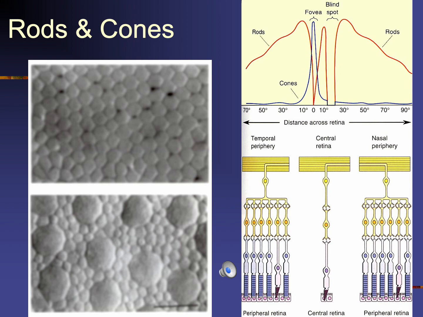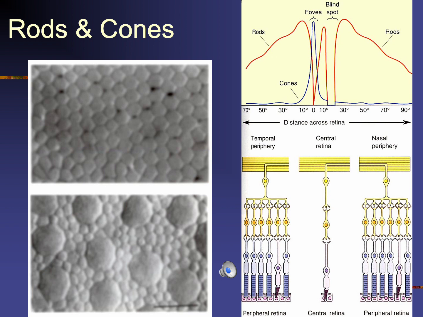Okay, the graphic on the right is showing the distribution of rods and cones across the retina. It's a real nice graphic to memorize. It's a very easy thing for me to ask test questions about. And it's showing you that the rods are very prevalent in the peripheral parts of the retina, the outside parts of the retina.